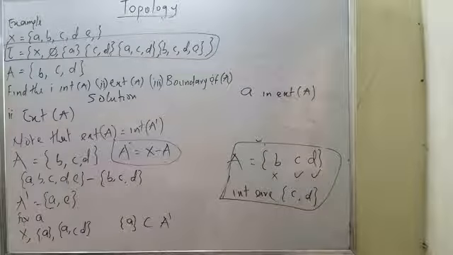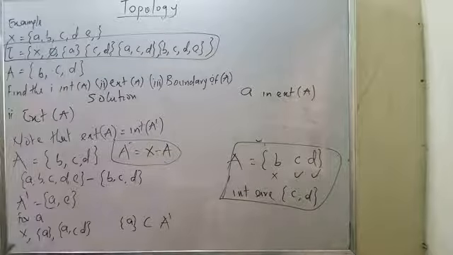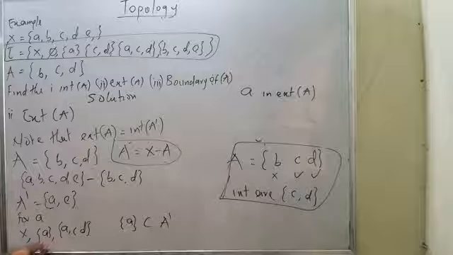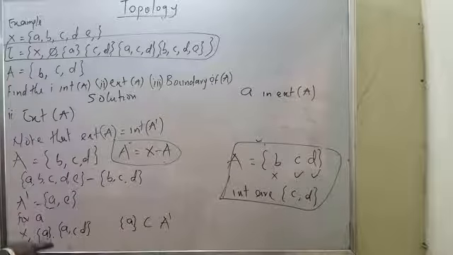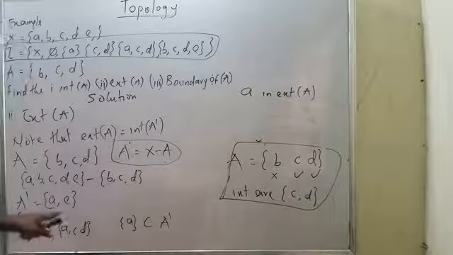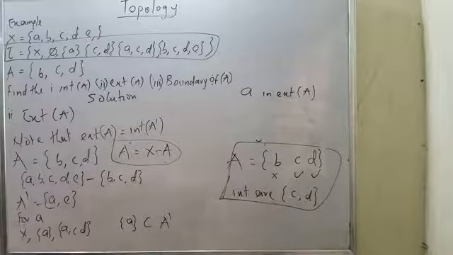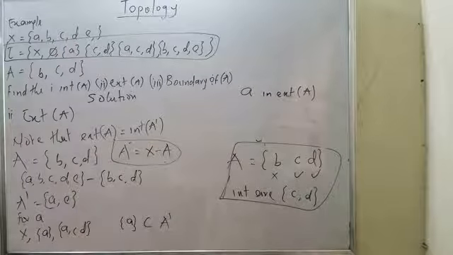You pick up the least of them, which is the smallest one. It means the cardinality is 1. Cardinality of this one is 3. This one is cardinality of this one is 5. It means of that one, the least of it, if you can check, that is in the prime of that A, it means A is an exterior point of A. Let me quickly move on to the next thing that I want to explain.